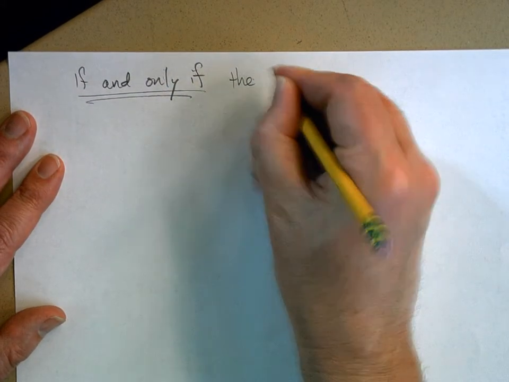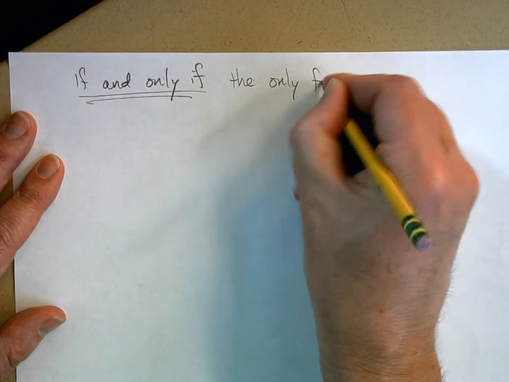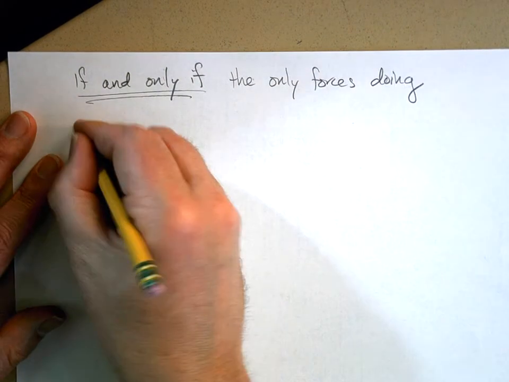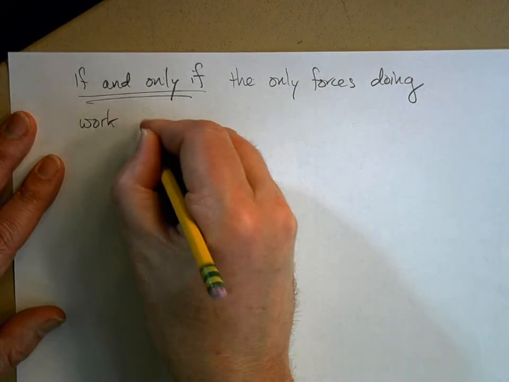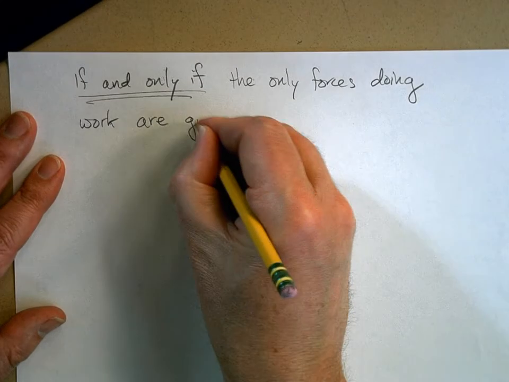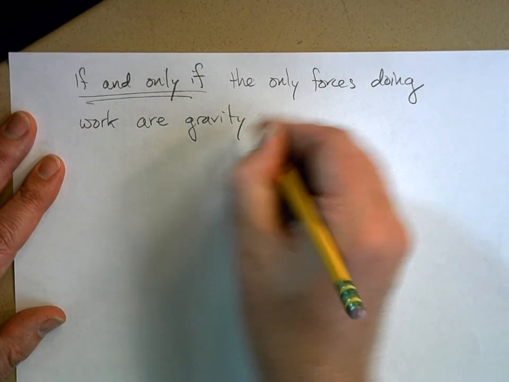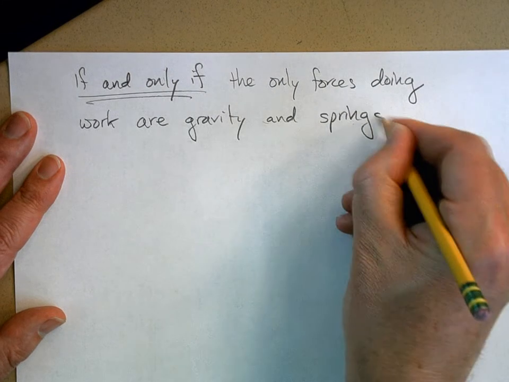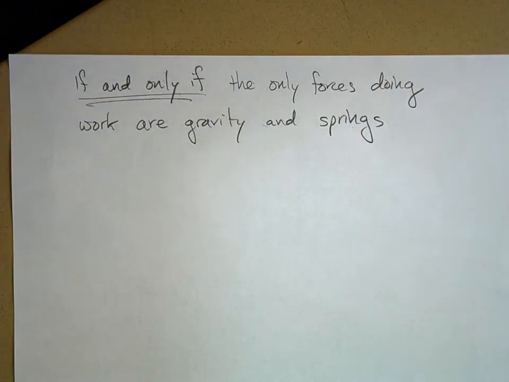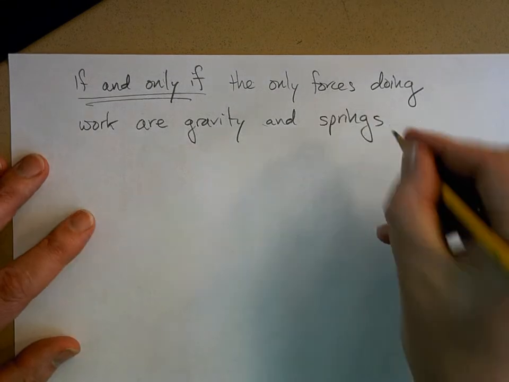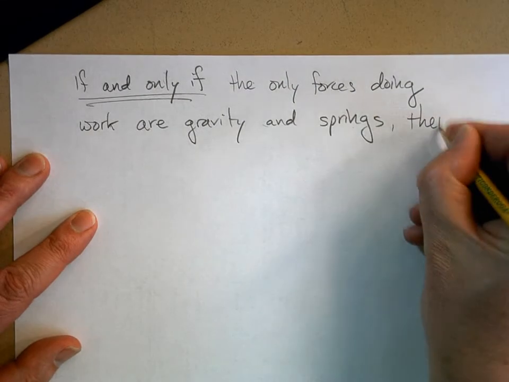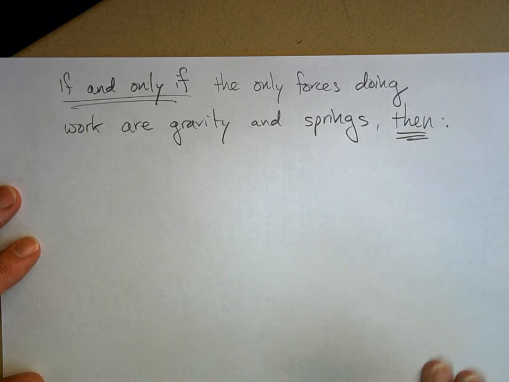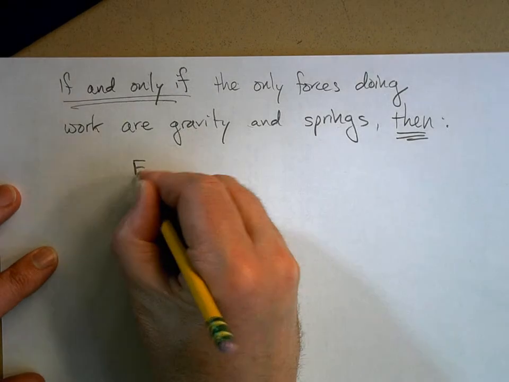The only forces doing work are gravity, the force of gravity, and springs. And when I say springs, I also mean rubber bands and bungee cords, any elastic materials. Then E initial equals E final.